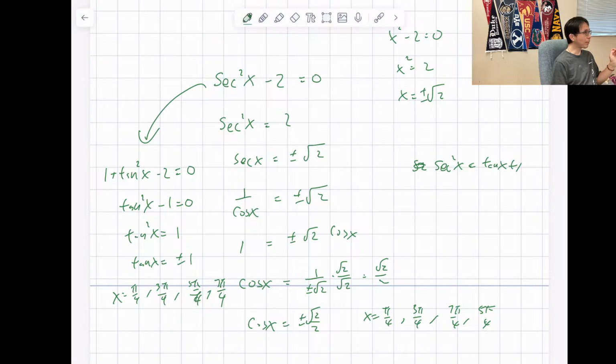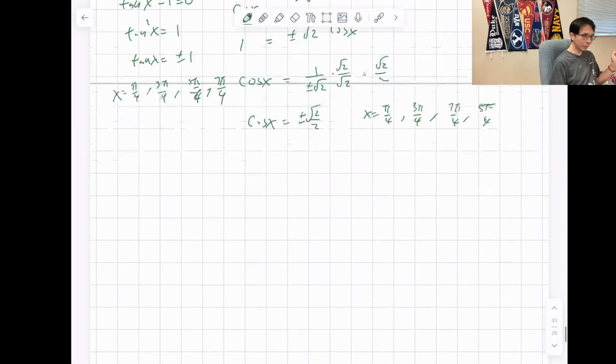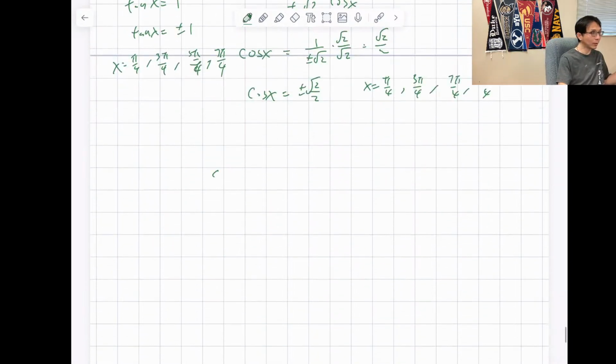Anybody have a question? 69 or 67? Okay, what is the question? This is a great question. I always ask this question. Phenomenal question. The problem is sine and cosine are two different trig functions, right? So can I change one of them?